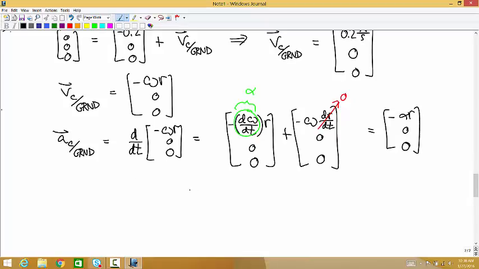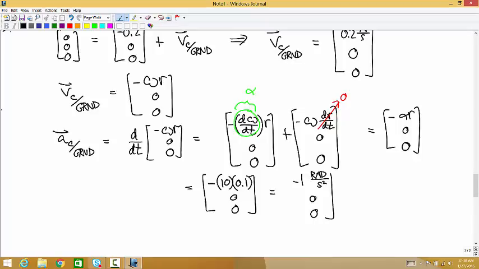Okay, so negative alpha r, that is negative 10 times 0.100 equals negative 1 radian per second squared, 0, 0.